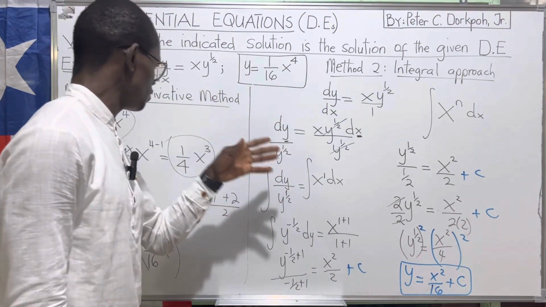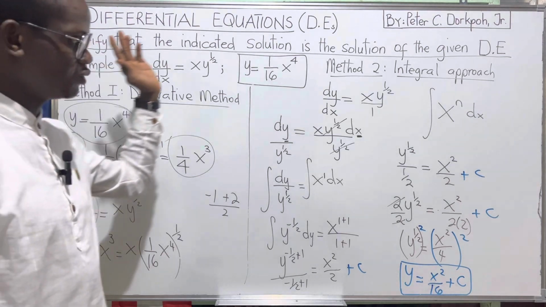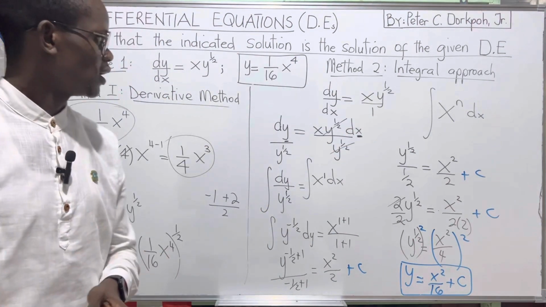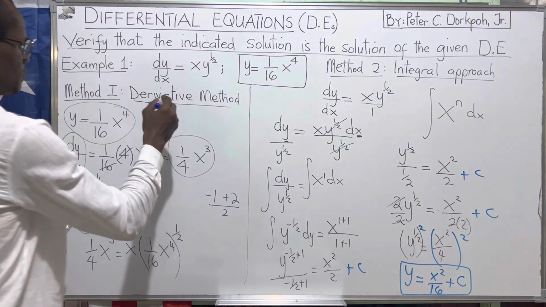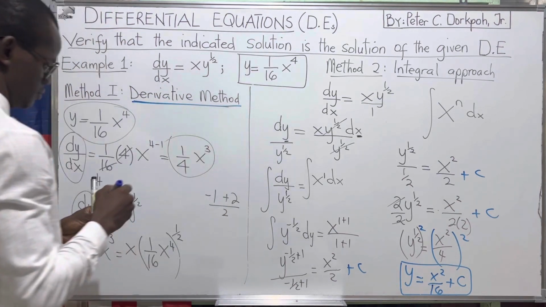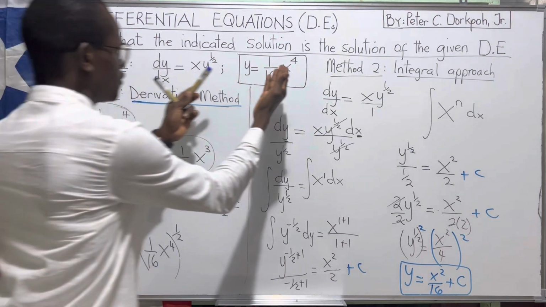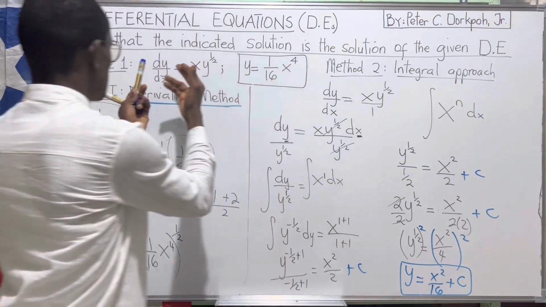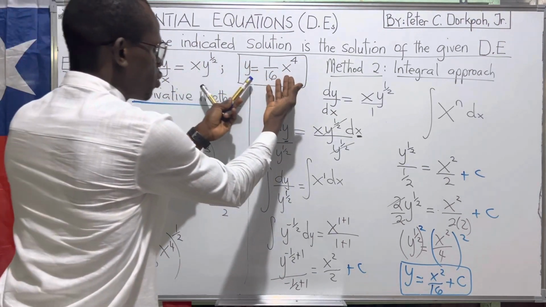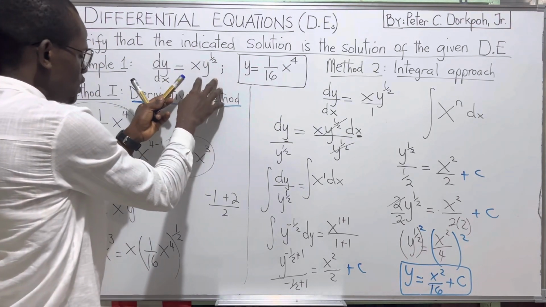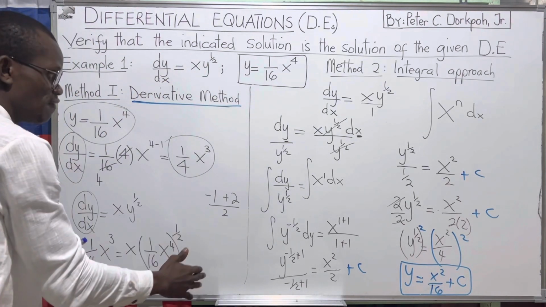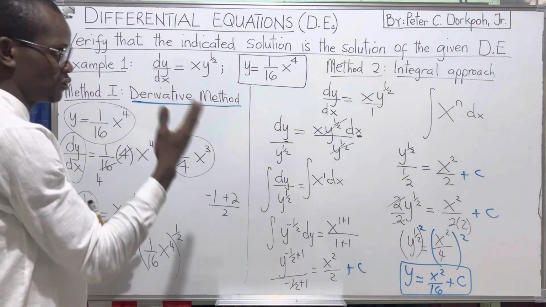So you can either use this method or you use this method, but I will prefer you using the derivative method. If they give you a function and you have one derivative, differentiate the function one time, insert the derivative and the y portion within the function, and you verify whether the left is equal to the right.